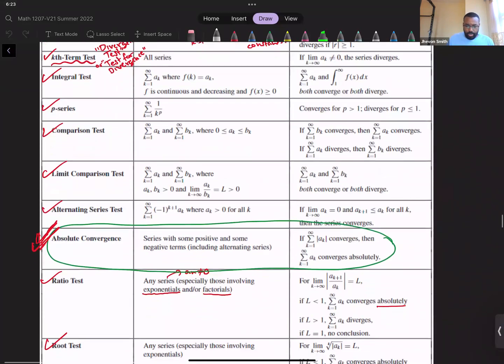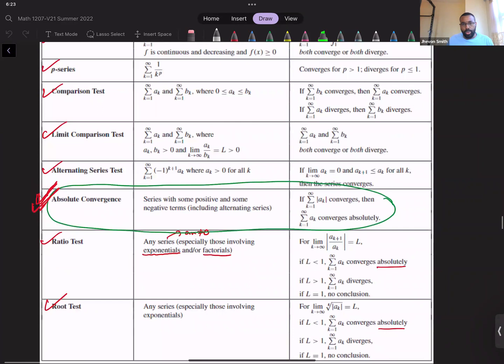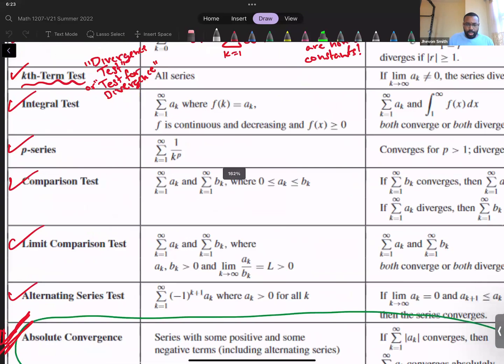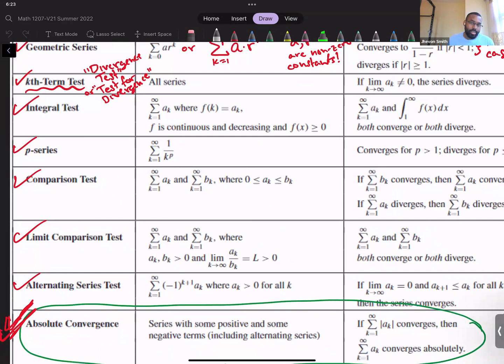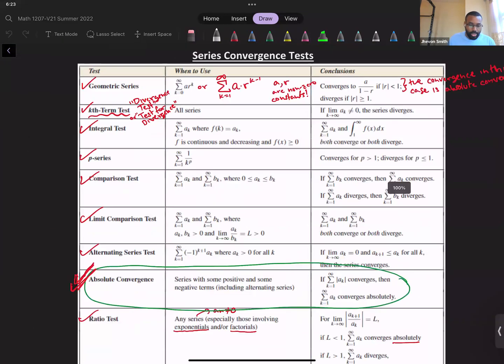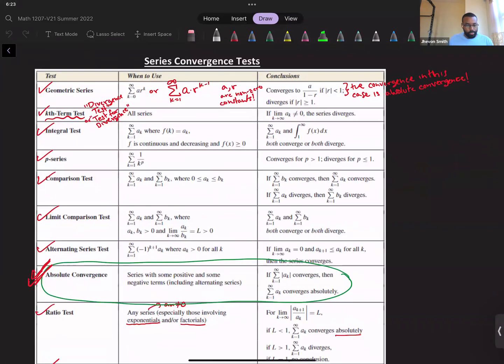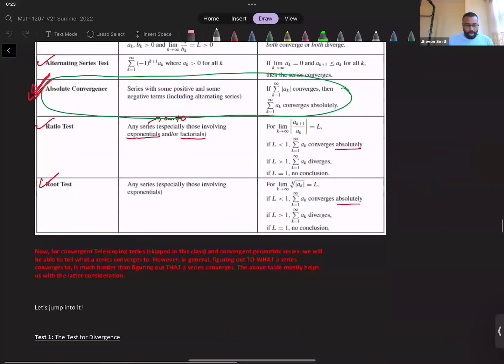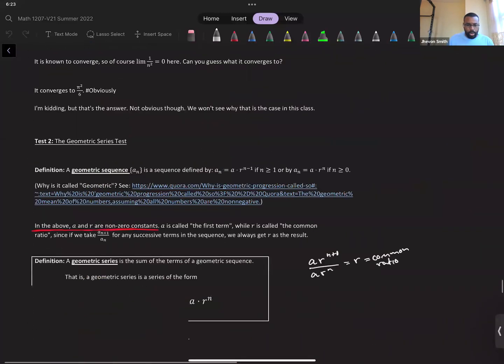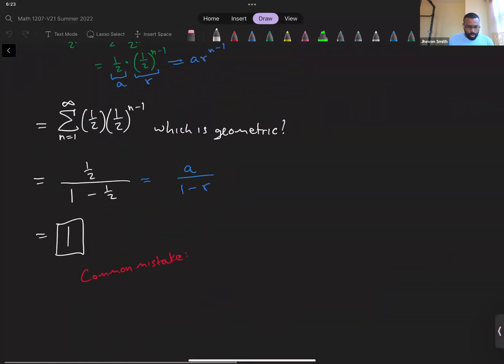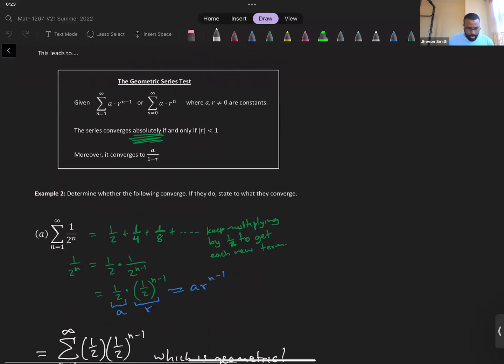Otherwise, none of these tests tell you what it converges to. They just tell you that it converges. And the kth term test doesn't tell you that it converges. It only tells you that it diverges, and sometimes it can't even tell you that. We went through all of them, and we did a few examples to show how they all work.